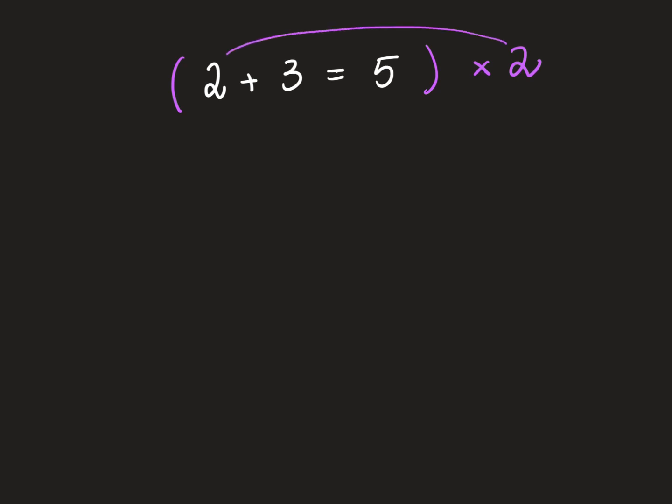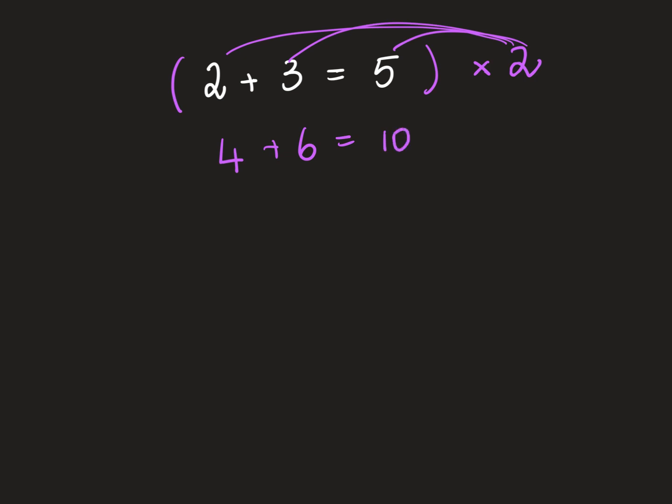Here's another true statement. 2 plus 3 equals 5. Did you know that if I multiply everything in that statement by 2, I also get another true statement? I say 2 times 2 is 4, plus 3 times 2 is 6. That gives me 5 times 2, which is equal to 10.